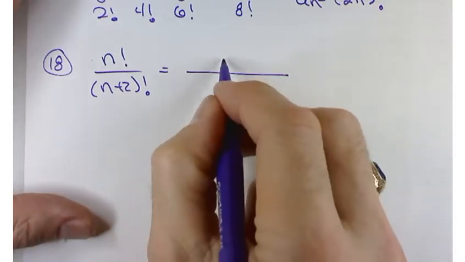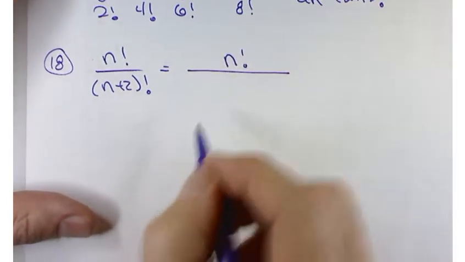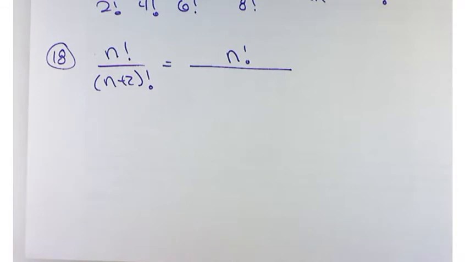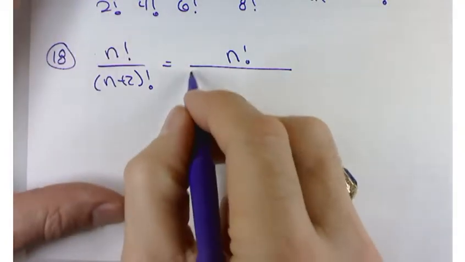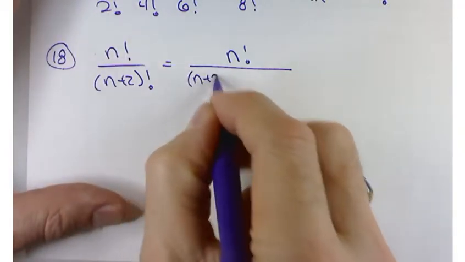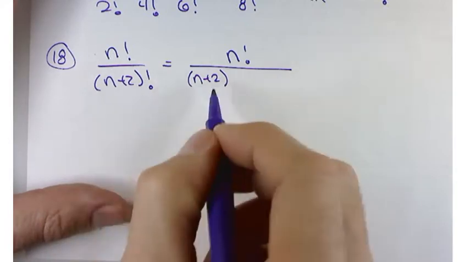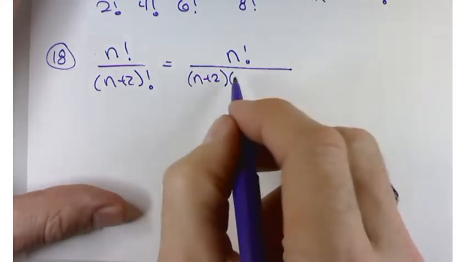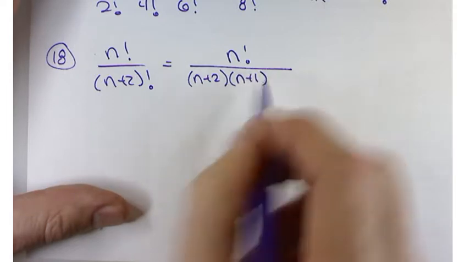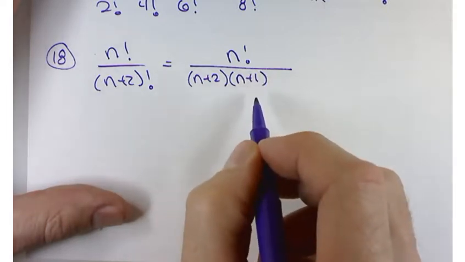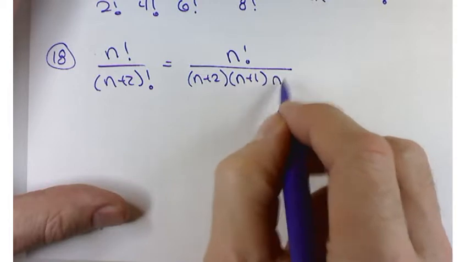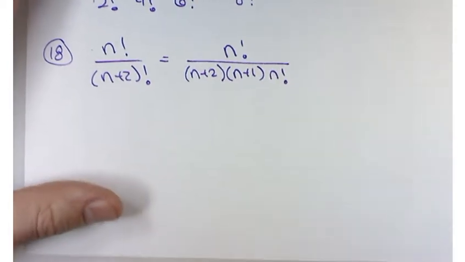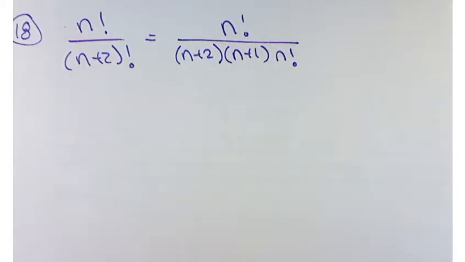N factorial in the numerator, I'm going to leave it alone. But in the denominator, I can kind of split that up a little bit. So let's see. That'd be n plus 2 times, what's the next one lower than that? N plus 1. And what's lower than that? N. And let's just stop it at n factorial. Now, why am I stopping it at n factorial?